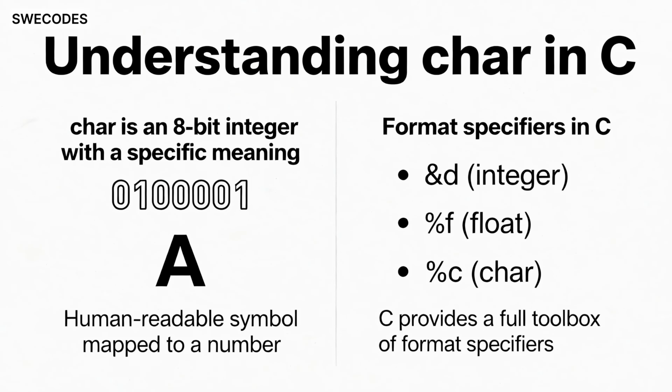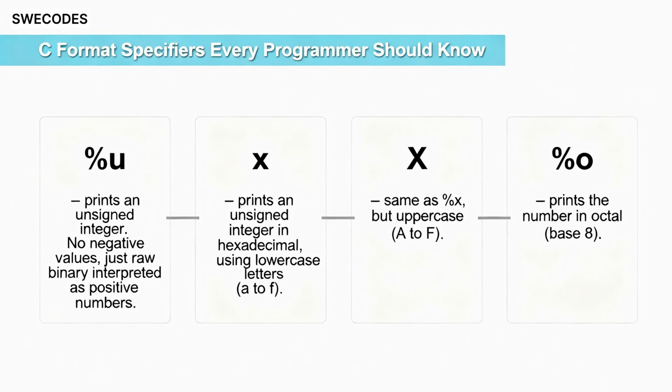You've already seen %d, %f, and %c, but C gives us a full toolbox of format specifiers. Here are some that every serious programmer should know. %u prints an unsigned integer. No negative values, just raw binary interpreted as positive numbers. %x prints an unsigned integer in hexadecimal, using lowercase letters a to f. %X is the same as %x but uppercase A to F. %o prints the number in octal, base 8.